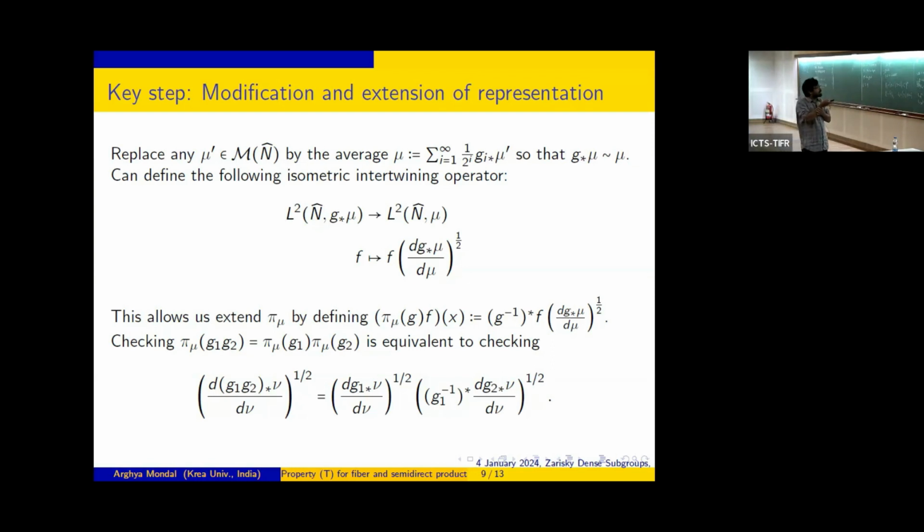For that you have to check this cocycle condition on the Radon-Nikodym derivative, or rather the square root of the Radon-Nikodym derivative. In this case, the square root does not matter because we are just dealing with functions, so it's enough to check for the actual Radon-Nikodym derivatives. But I will go to a non-abelian setting now, in which case this will cause a problem.